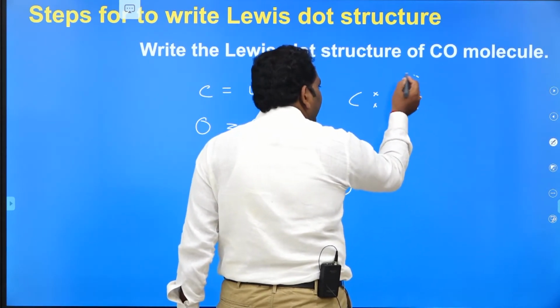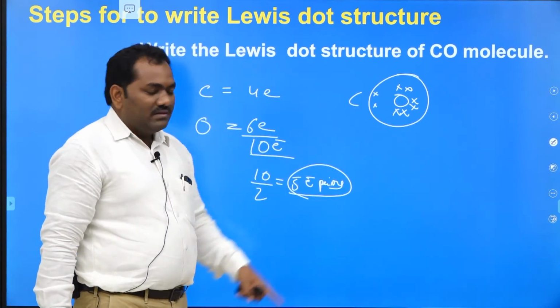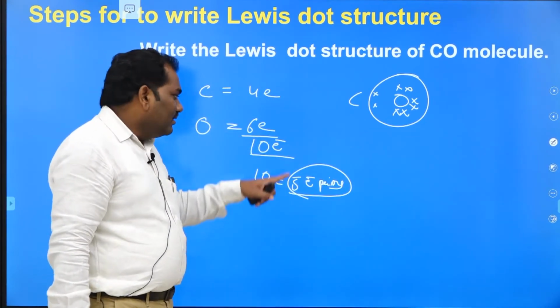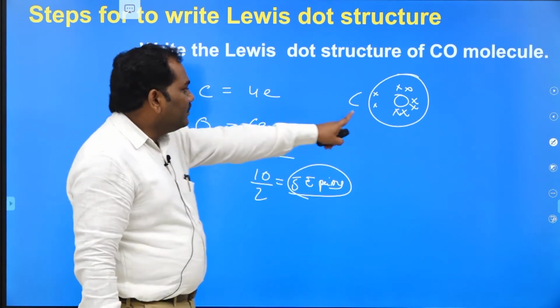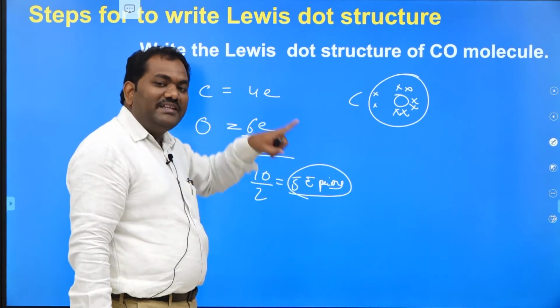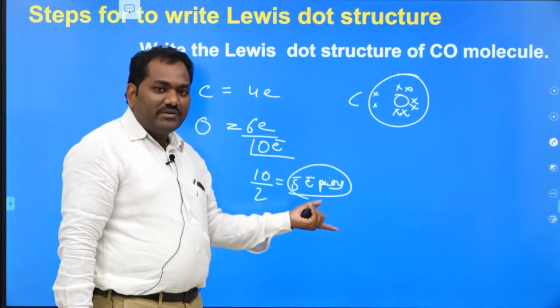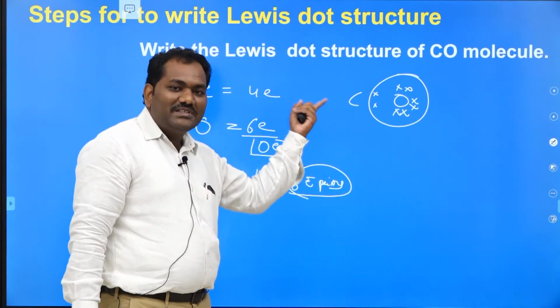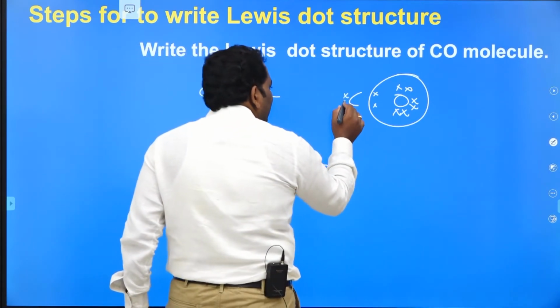Then it gains octet configuration. Even though till now we distributed only 4 electron pairs, the total number of electron pairs is 5. So the remaining electron pairs are distributed to the remaining elements based on electronegativity order. Here only one element is left, carbon, so the remaining pair is distributed to the carbon.